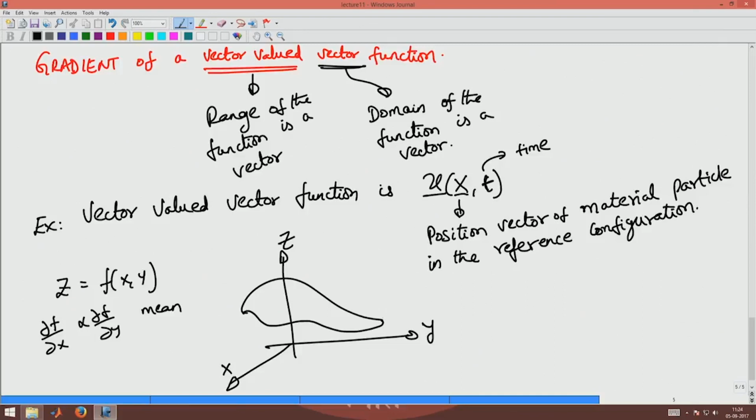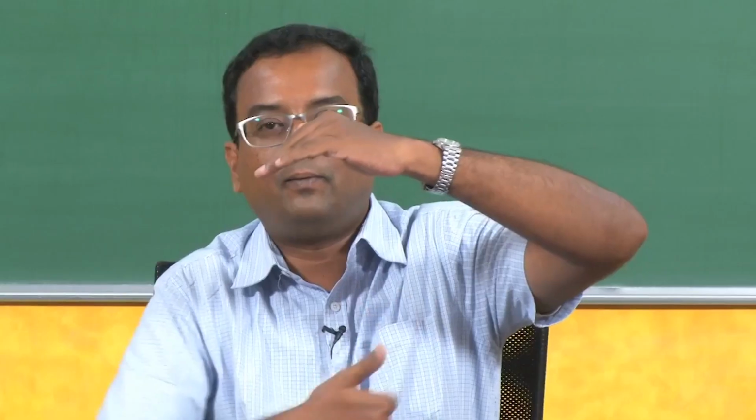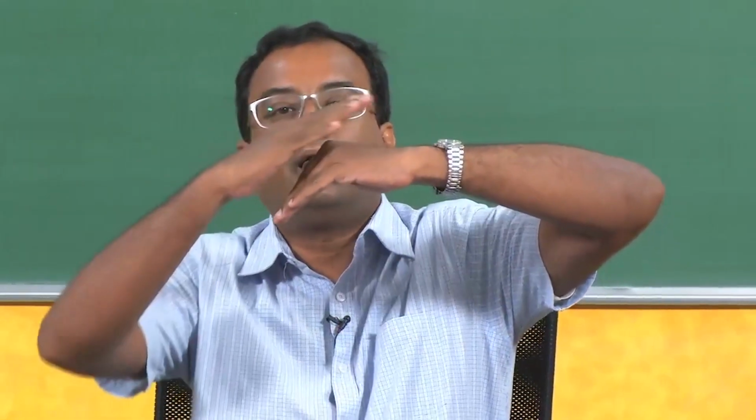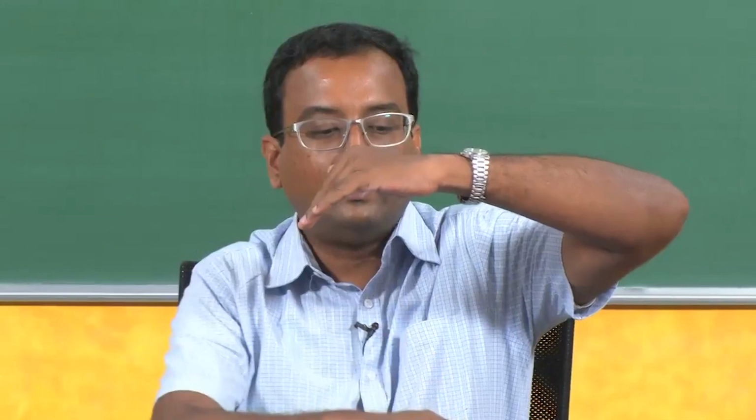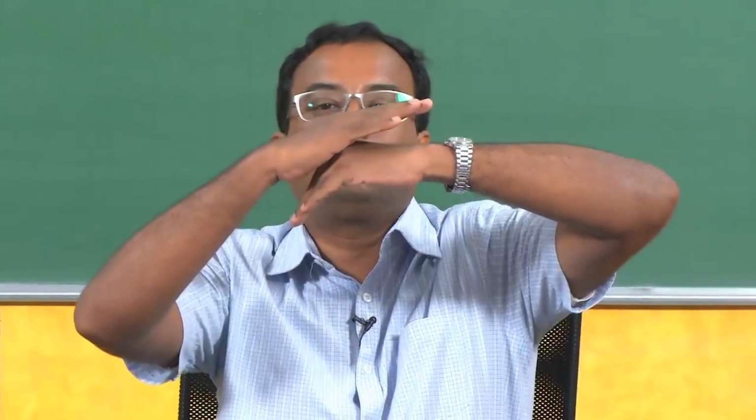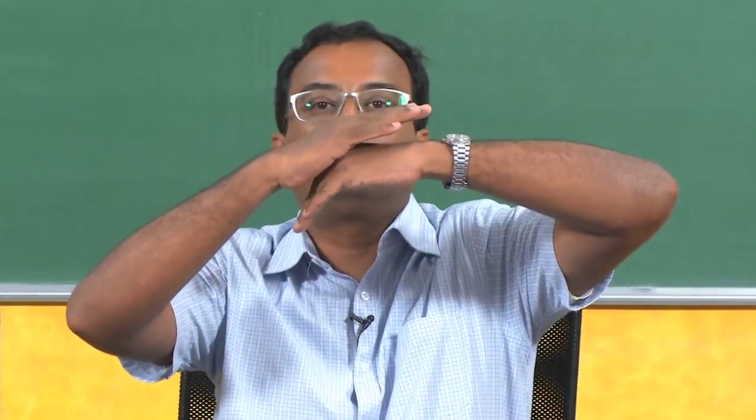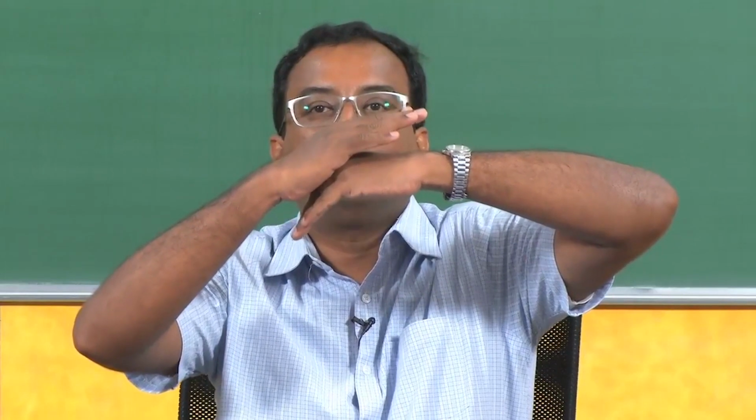Say this is the x and y axis in the plane, this is the z axis, I get a surface like this, and what does gradient of z represent is, it represents a tangent plane to that surface. Okay. It represents the tangent plane to the surface.